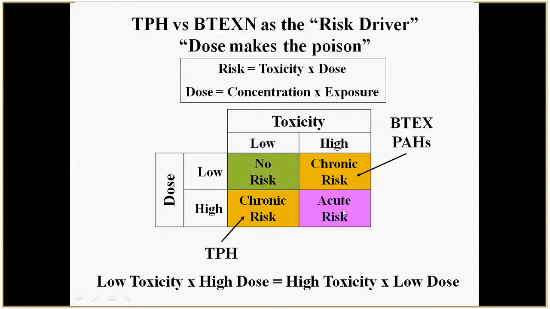You tend to get acute risk when you have something that's very high toxicity and a very high dose, which you wouldn't normally see as far as long-term risk with TPH compounds themselves, but you could if you had a high enough dose. So that's a big point to think about: benzene may be more toxic than TPH, but TPH can pose a higher risk than benzene just because of higher exposure.